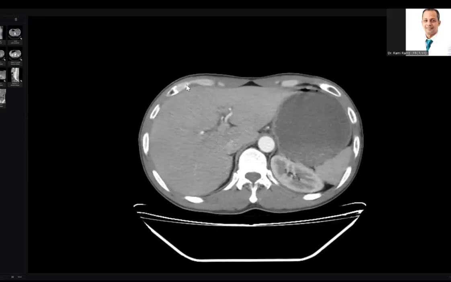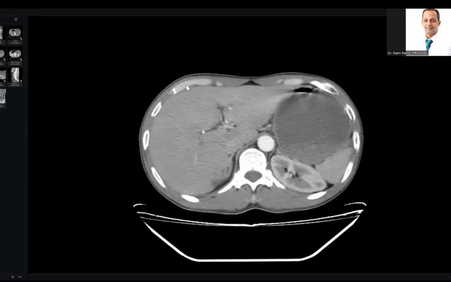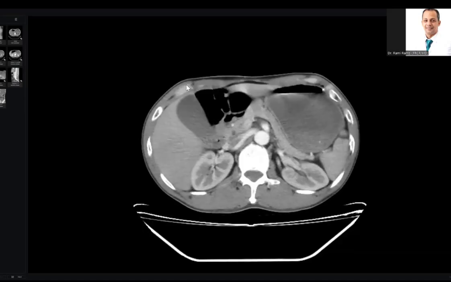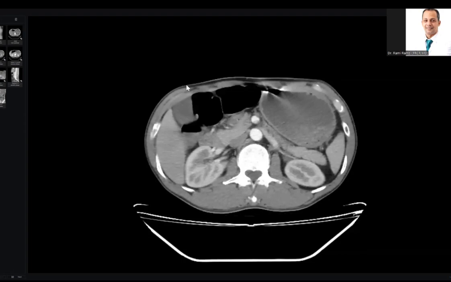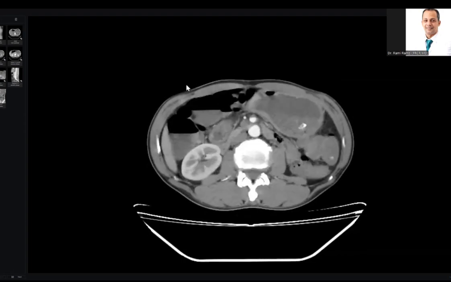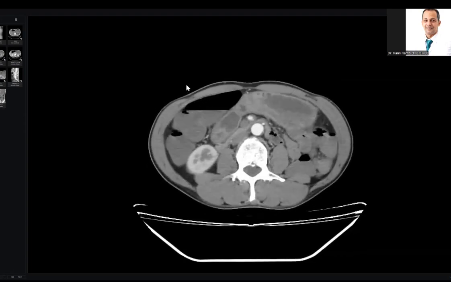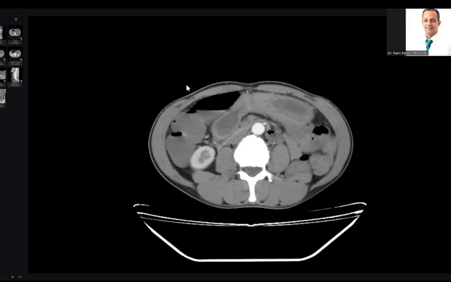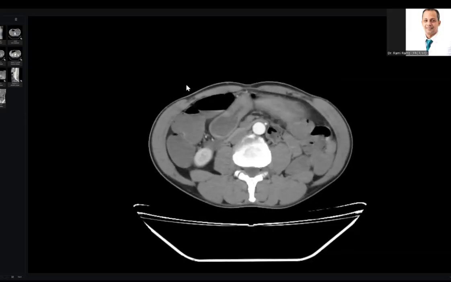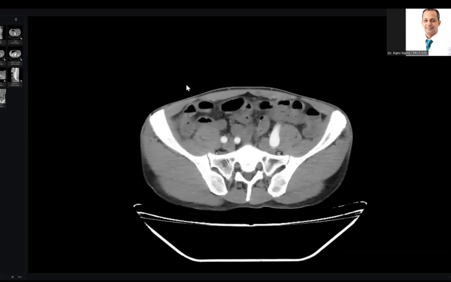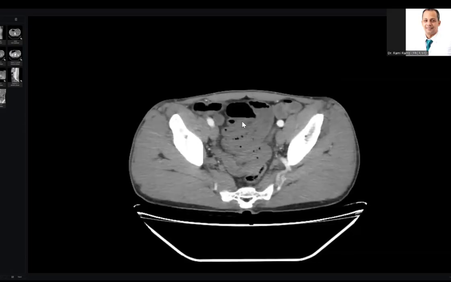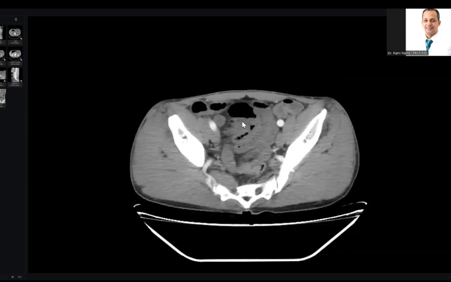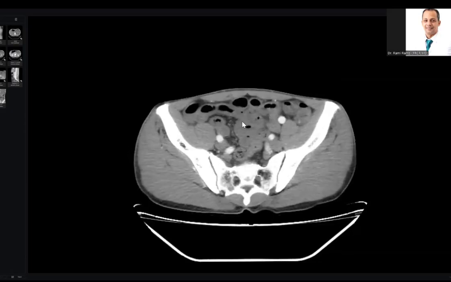I will go with the aorta from up. This is the celiac trunk, and this is the superior mesenteric. I can see a dissecting flap noted within the superior mesenteric artery, and then thrombosis there in the superior mesenteric artery. And what about this bowel? There is loss of enhancement of the bowel.